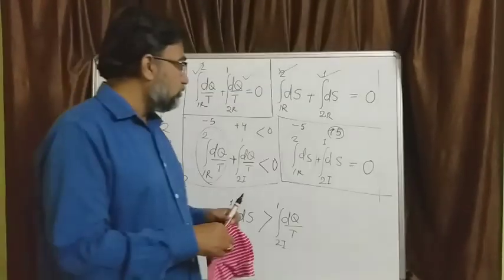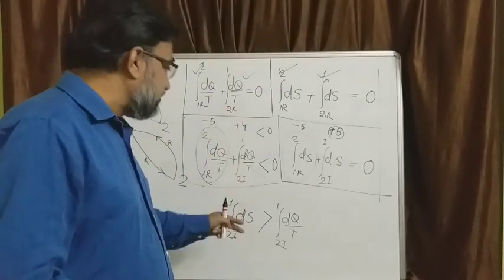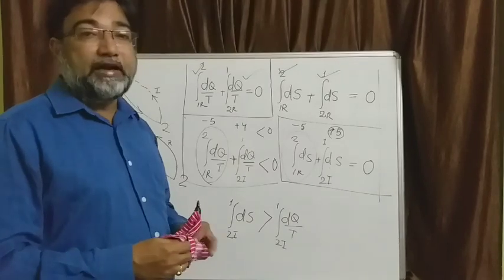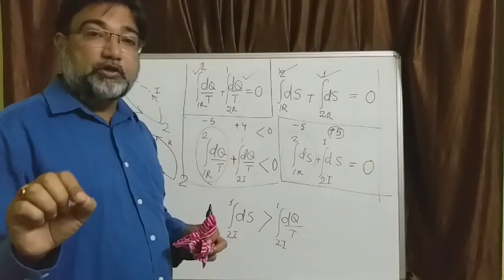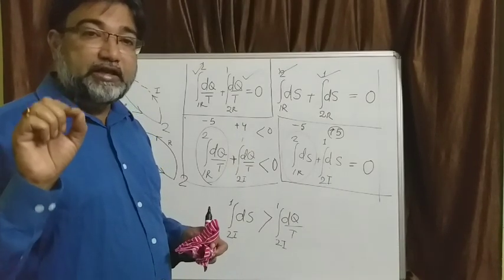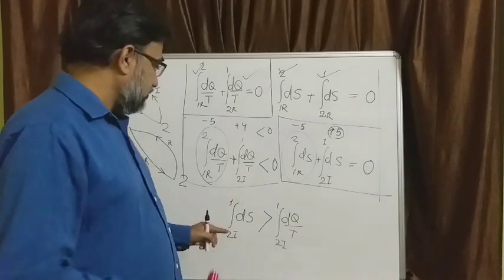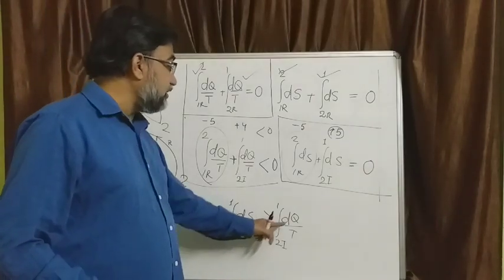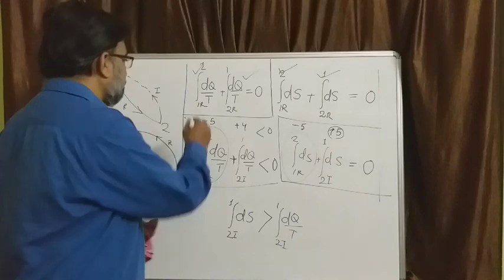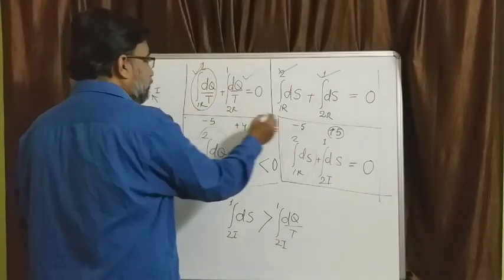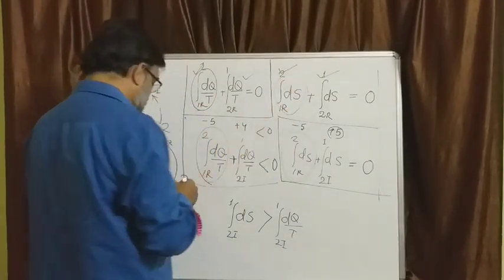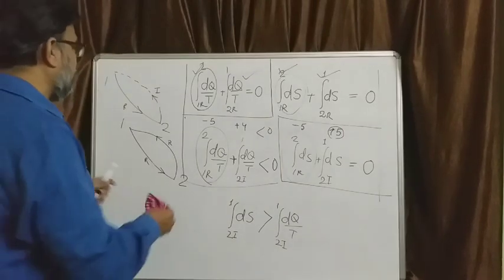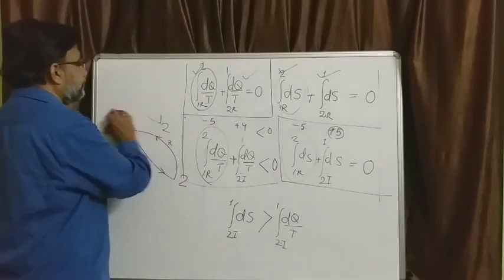Alright. So from this analysis we can conclude that for an irreversible process, ds is greater than dq by t. But for a reversible process, dq by t and ds can be viewed as equal terms.